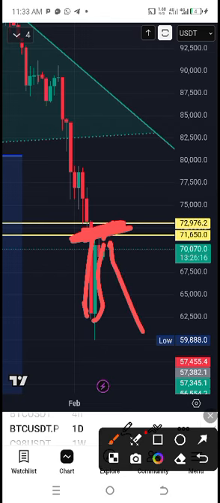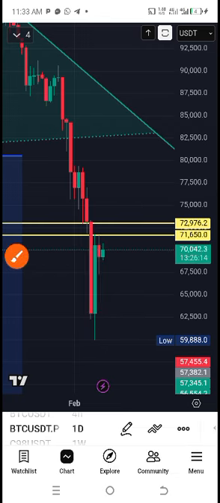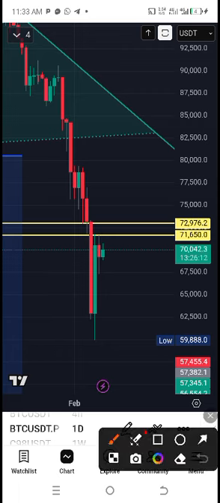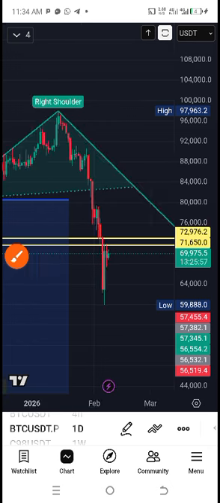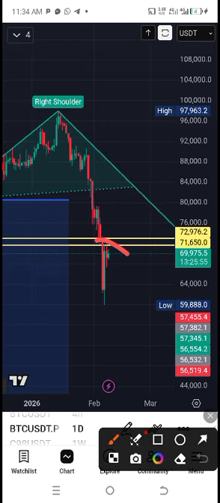I can only buy Bitcoin when Bitcoin breaks above the zone and retests the zone, then I can be assured of going long. But as the structure is looking this way, I will be monitoring this level to know where my buy level on Bitcoin will be.